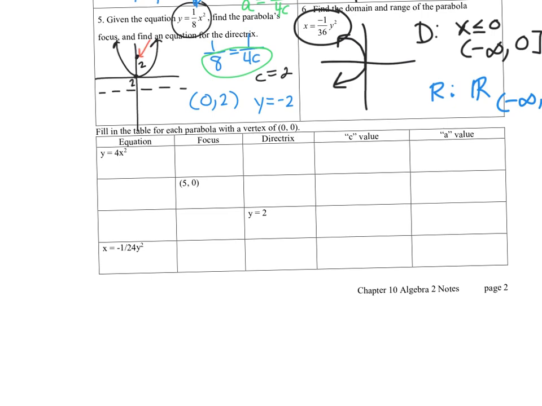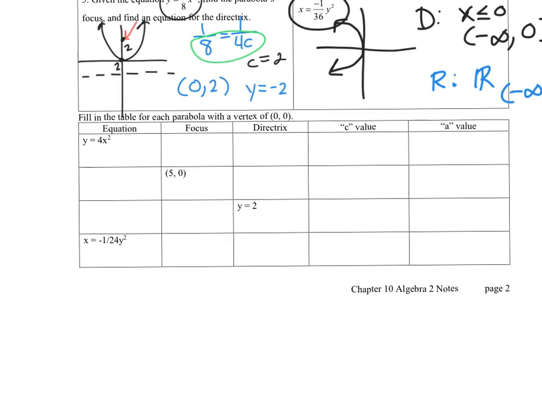Okay, fill in this table. I feel like if you can do this, then you're good. You understand what's going on. So I'm going to draw a sketch for these again. If y equals 4x squared, it's going to be opening up. It's going to help me to write the a value, which is 4, because then I'm going to use a equals 1 over 4c.